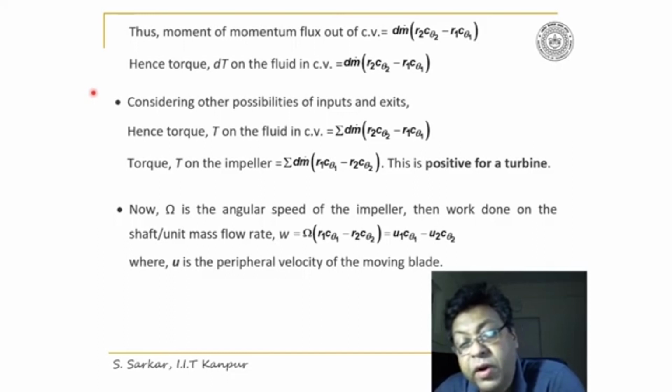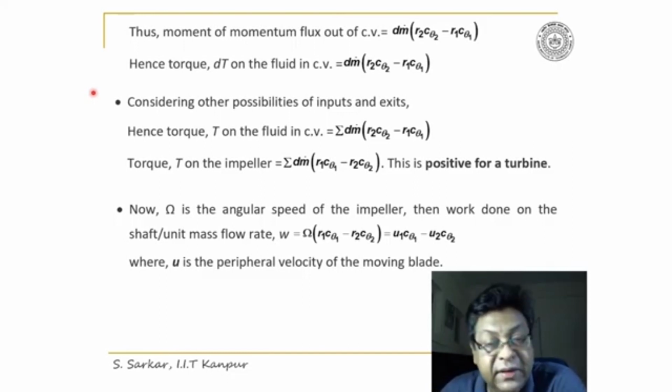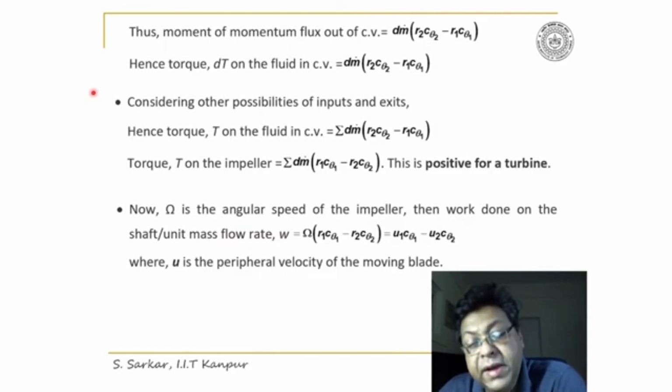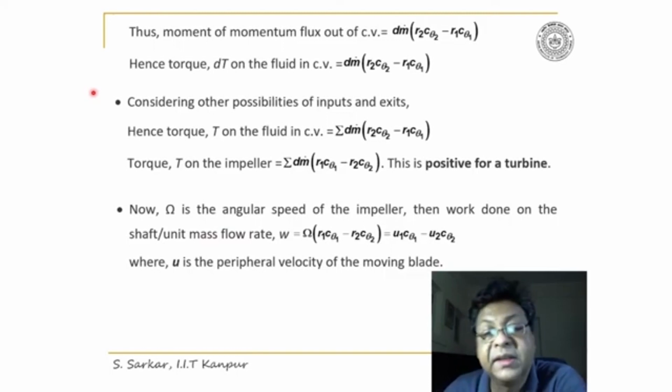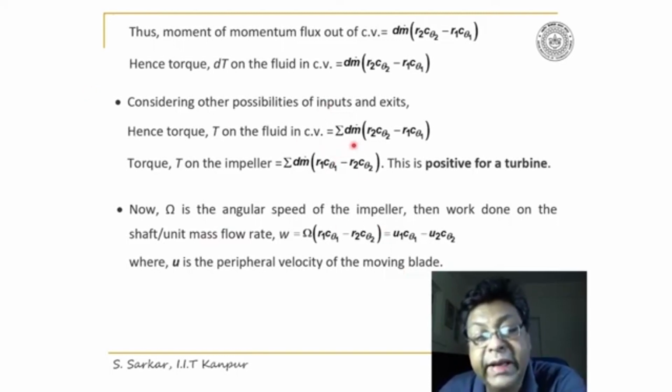Considering the possibility of several inlets and exits, we can write the torque on the fluid in the control volume, T, equal to sigma dm dot into (R2 C theta 2 minus R1 C theta 1).